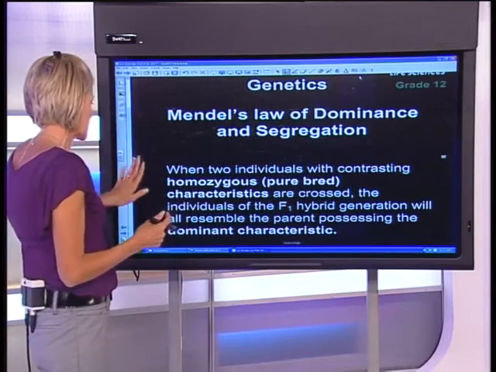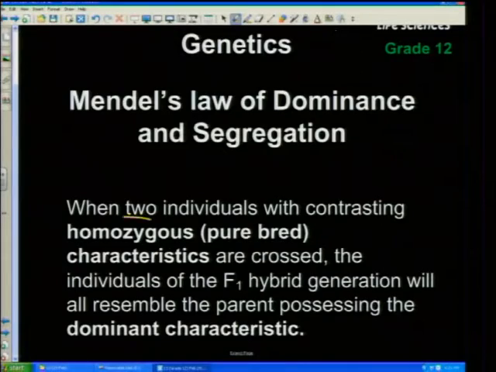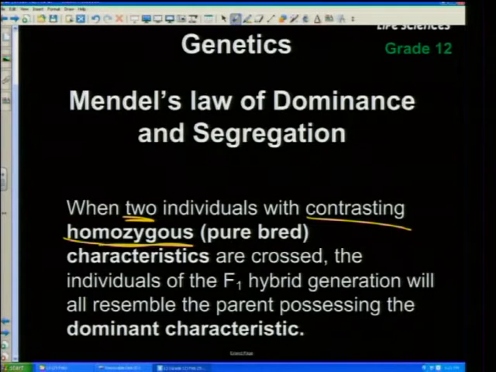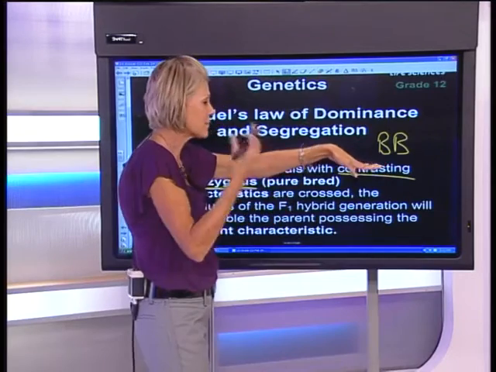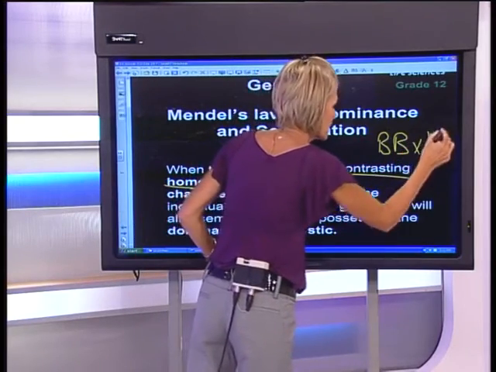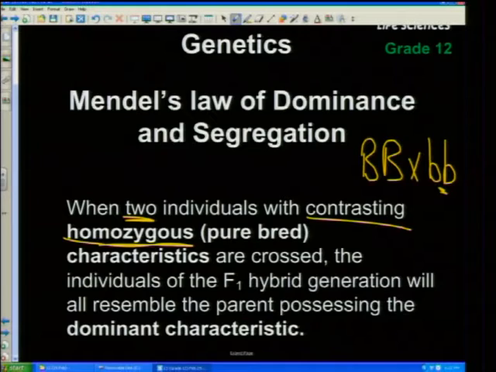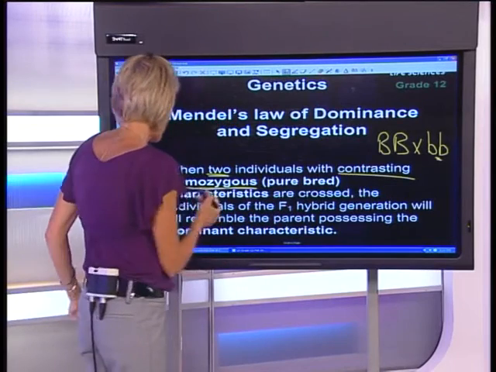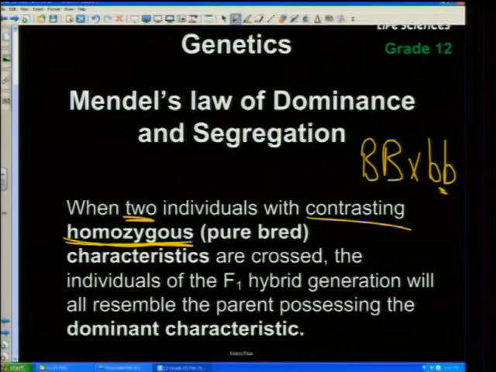And what he said was that when there are 2 individuals with contrasting, means opposite, homozygous, which means purebred, you know that, characteristics. In other words, we're going to have an example that we've just done, a capital B and a capital B. Both the alleles are dominant, but they're homozygous, they're pure, times little b, which would be the white, so brown versus white, 2 contrasting homozygous, which means they are pure, characteristics, are crossed.